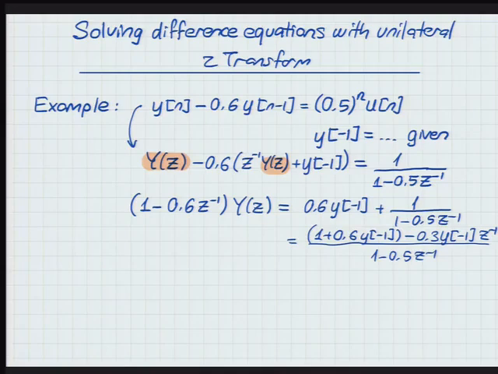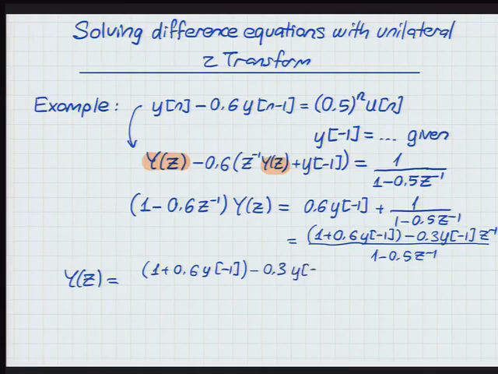So y of z, I can obtain that by dividing both sides by 1 minus 0.6 z inverse. So you get all the terms you need. Again, I did not give you y of negative 1. It was not specified. We do it symbolically, leave it alone, and try to get a result that depends on y of negative 1.